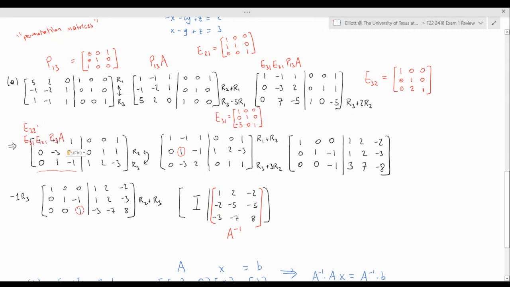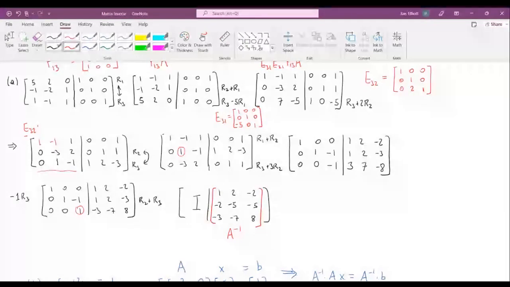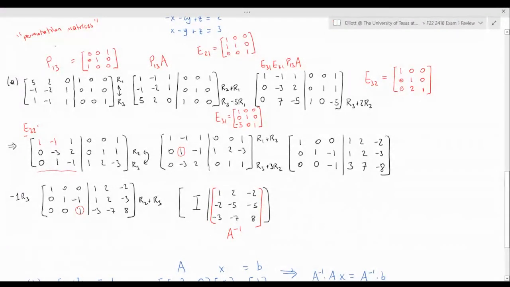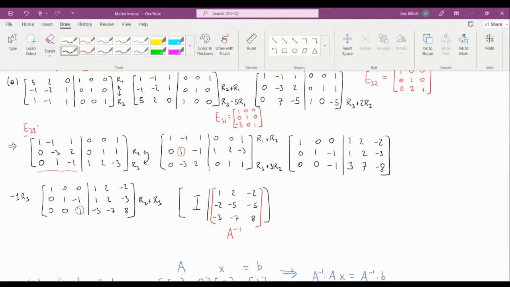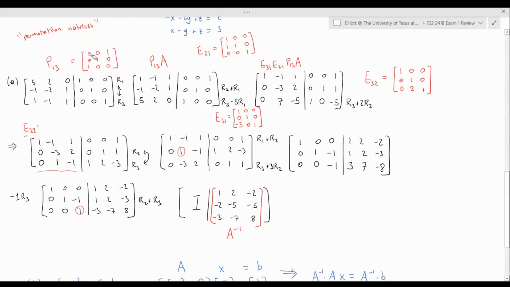If we take E32 and multiply it to everything else that we have so far, this product of matrices is equal to this matrix here right now, okay?